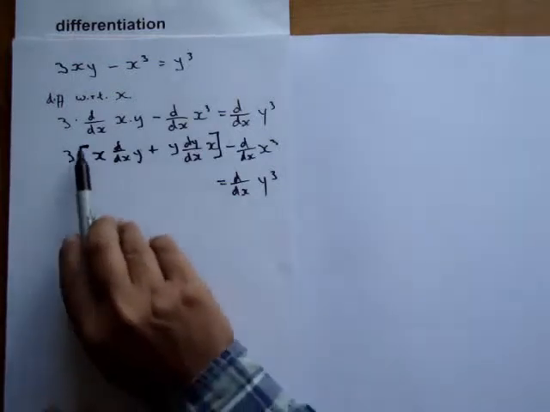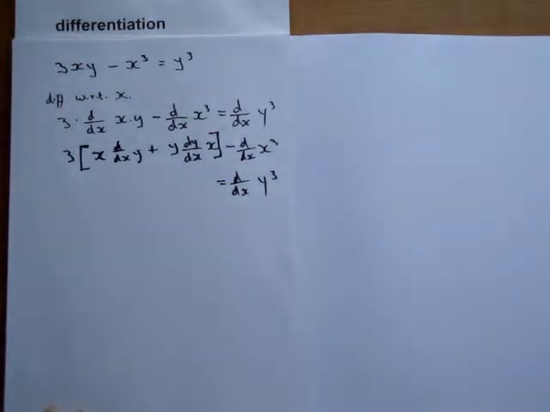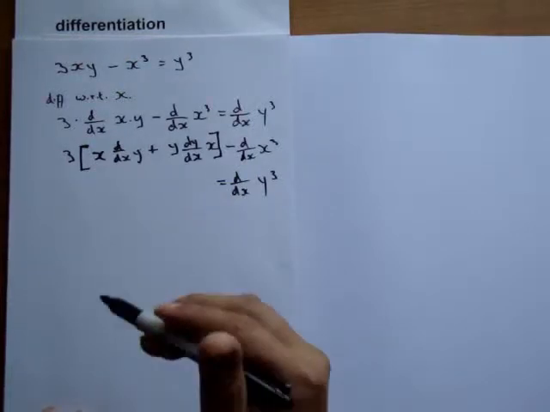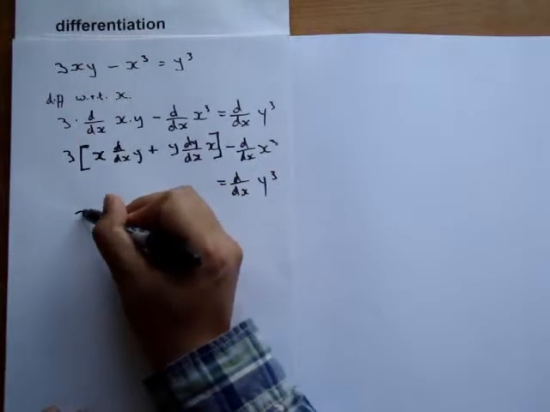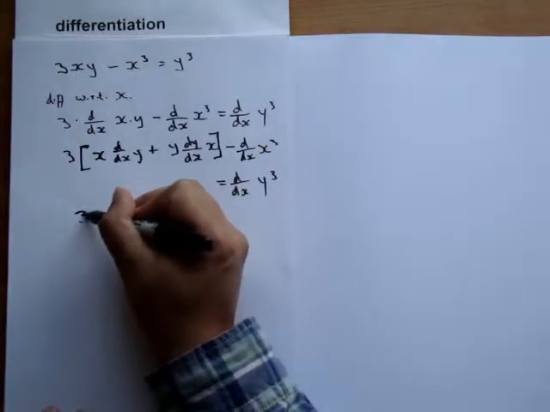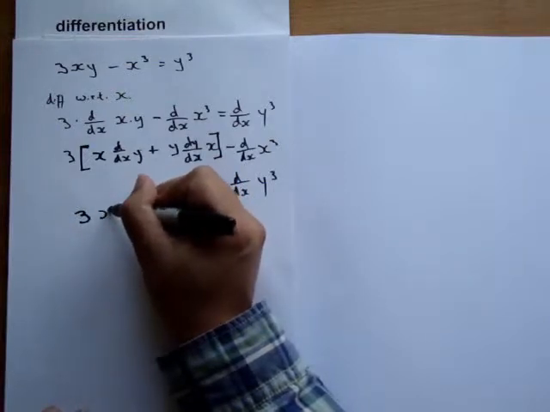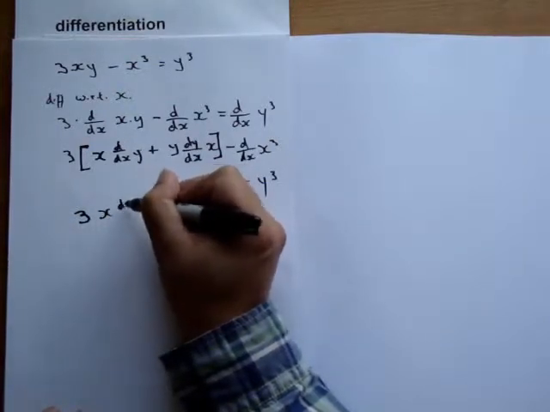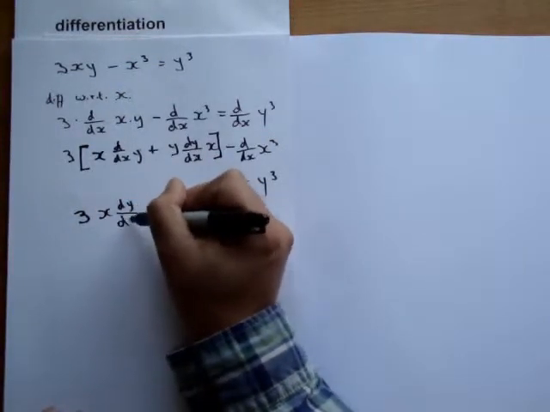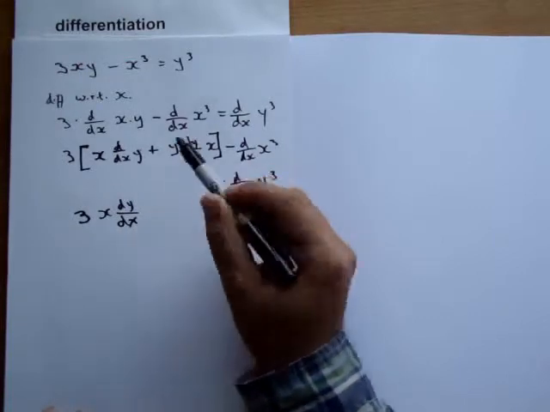Okay. Now let's distribute the 3 and then use implicit differentiation, we get 3x dy by dx.